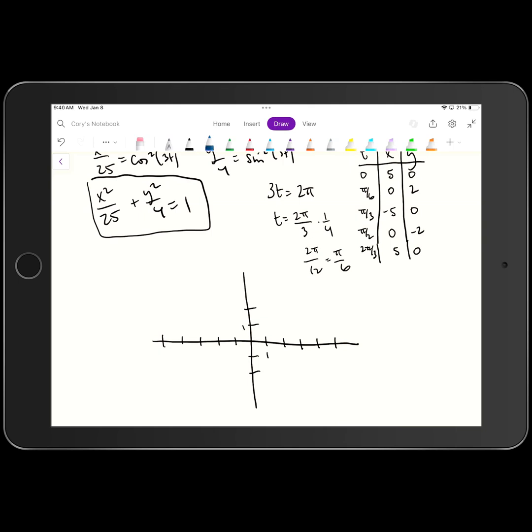We start at time t equal to 0 at the point 5, 0, and I'm going to label the t value here at 0. Then at t equal to pi over 6, we are up at the point 0, 2.